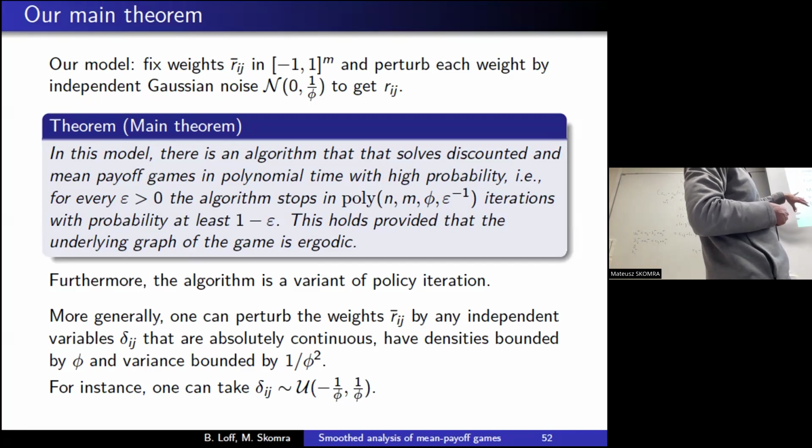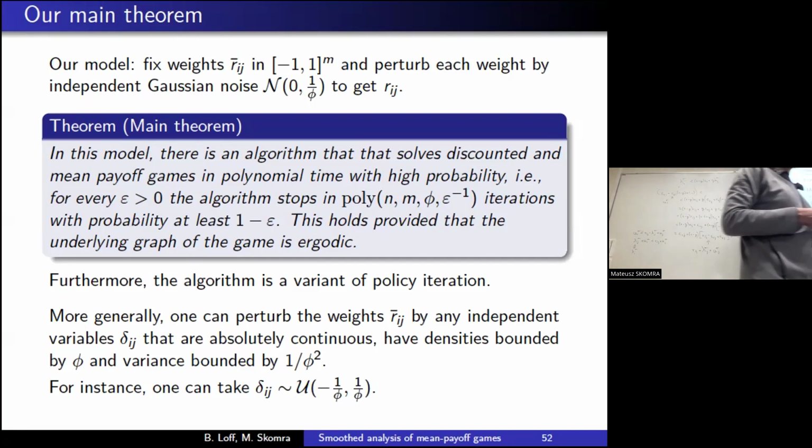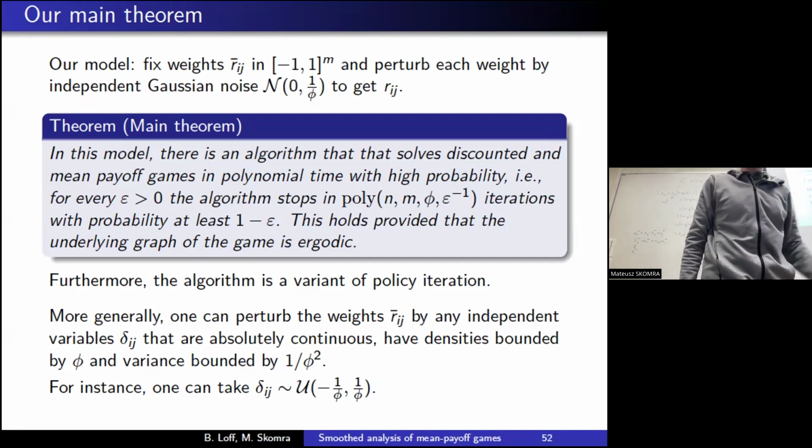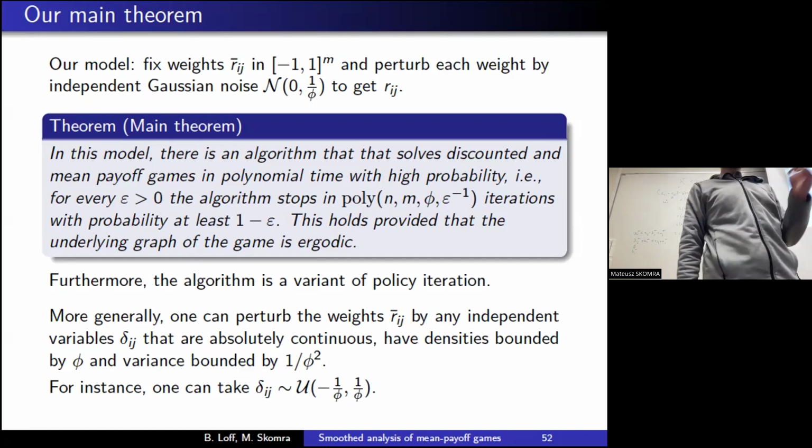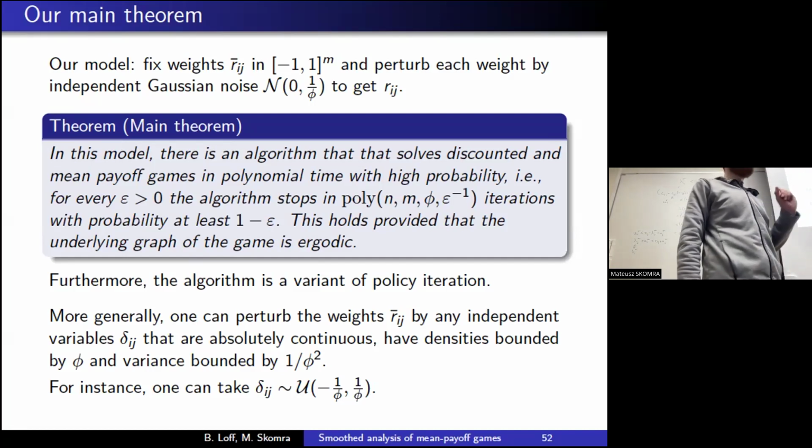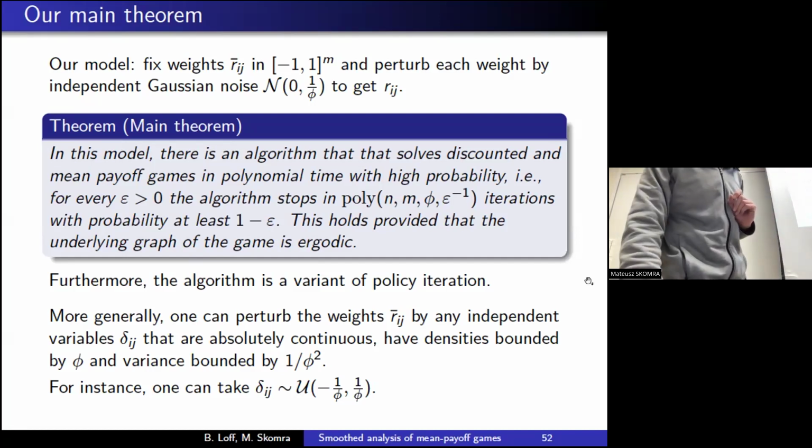We prove that this is still true if you perturb the weights by any independent variables that are absolutely continuous, with density bounded by this and variance bounded by this, which the Gaussian noise satisfies. But if you like the uniform noise on some small interval, then that's also fine.